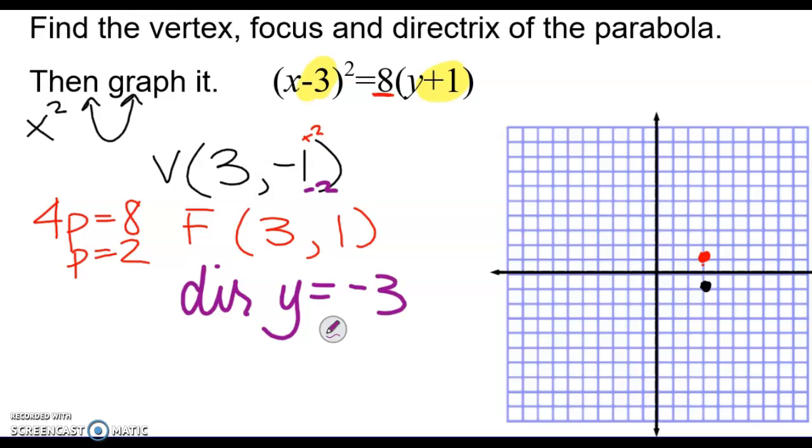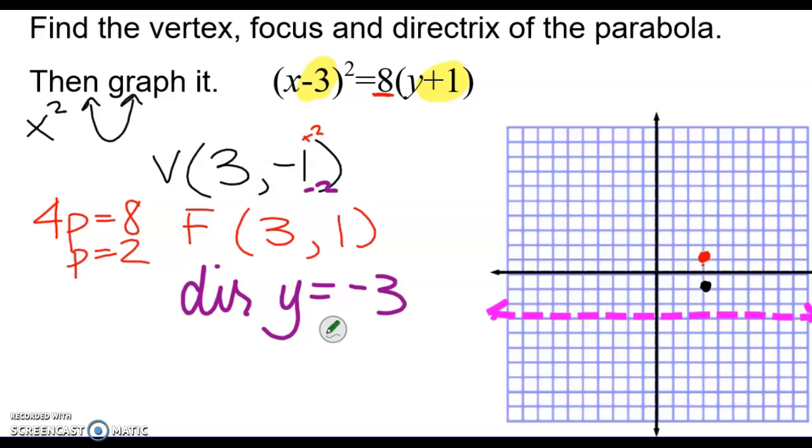If you're like, that whole writing of -2 wasn't helpful, then come back to the original vertex right here and count down 2 from there. So you can do it graphically, or you can do it formulaically. Whatever works best for your brain is great.